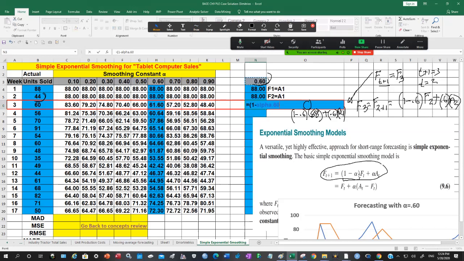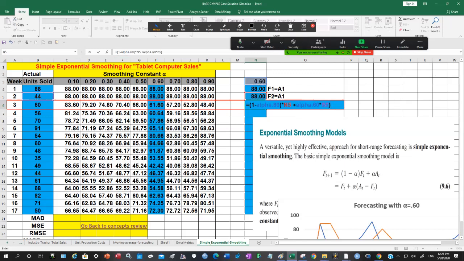I called it alpha dot 0.6, times F of 2, and F of 2 is this one right here, all right, plus alpha, all right, times A of 2, times A of 2. Let's do it clear, right? So let's put the parentheses here, right? Press enter, and that's the 61.60, okay?